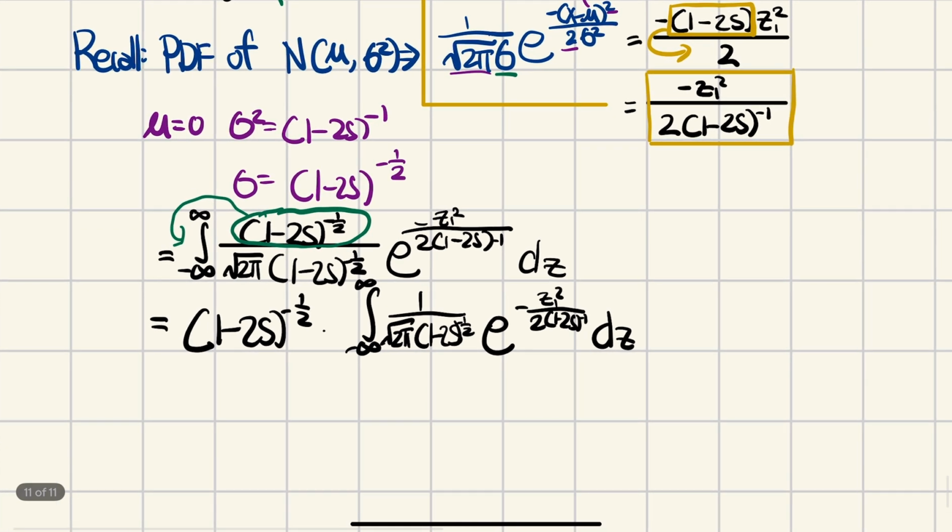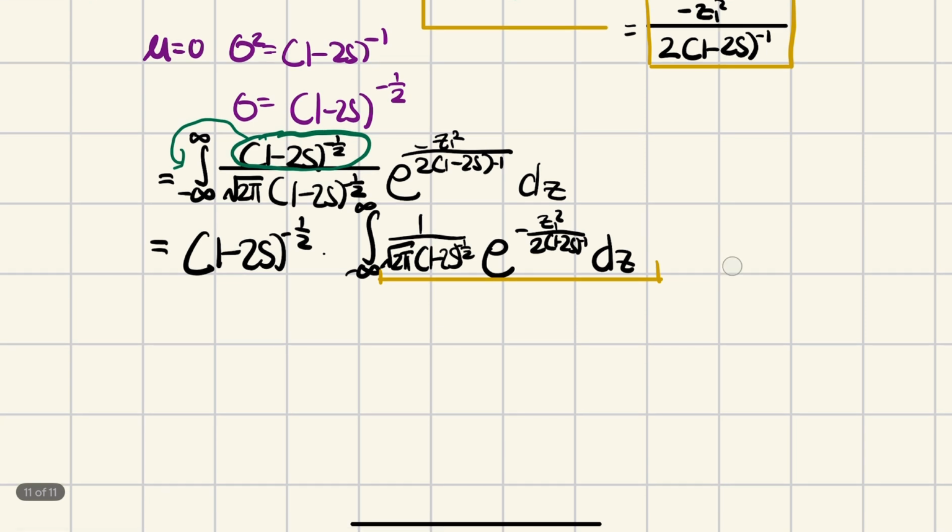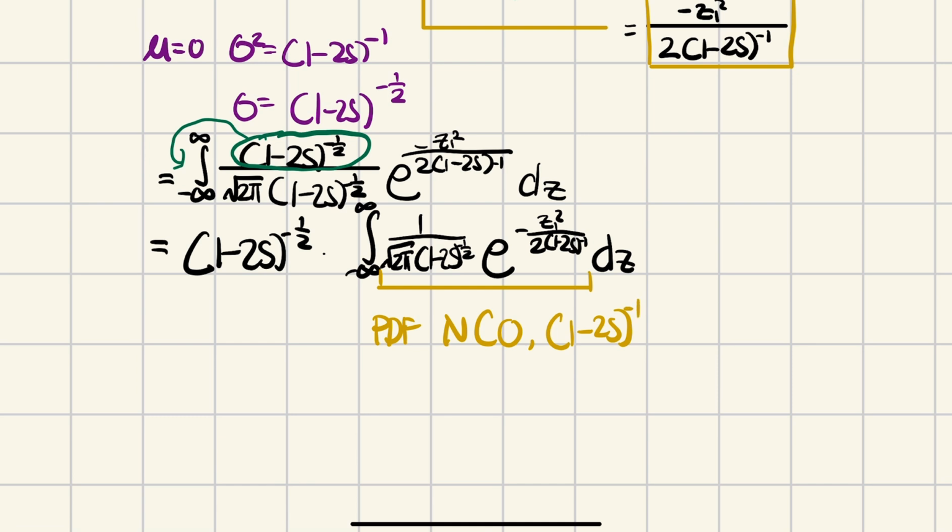Actually, let's not include the dz in here. We have this monstrosity, which is basically the PDF of a normal distribution with a mean of 0 and a variance of 1 minus 2s to the power of negative 1.